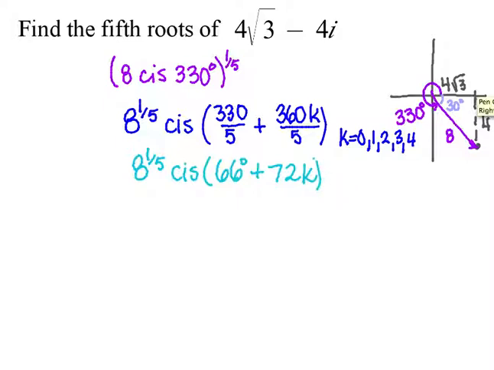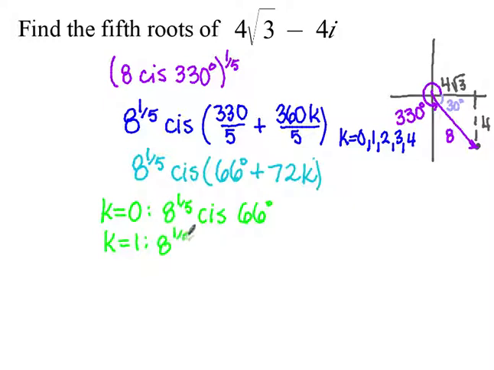Okay. So when k is 0, I get 8 to the 1/5, cis 66. When k is 1, I get 8 to the 1/5, cis 138.